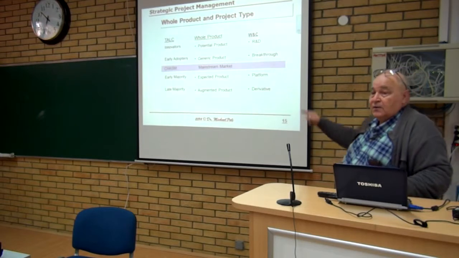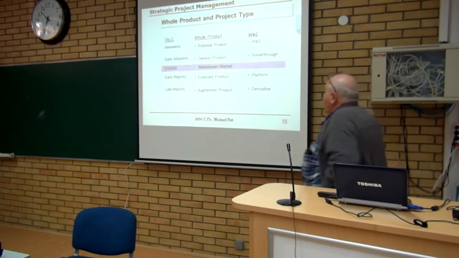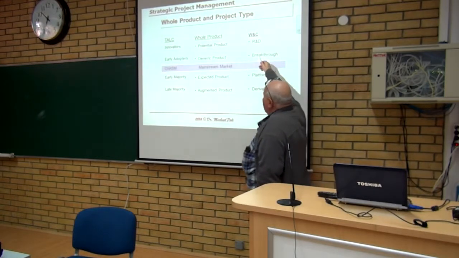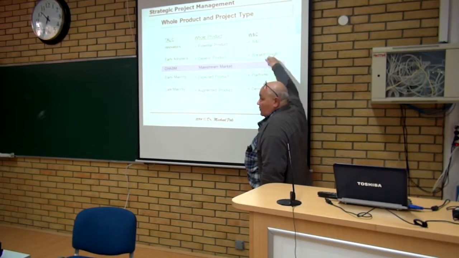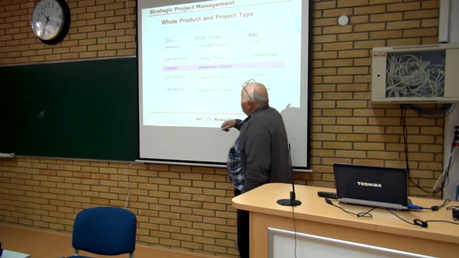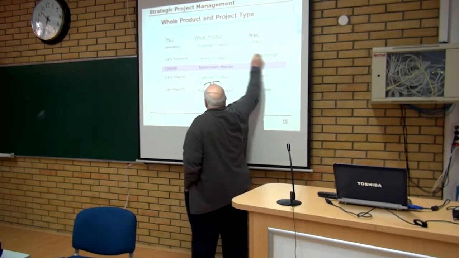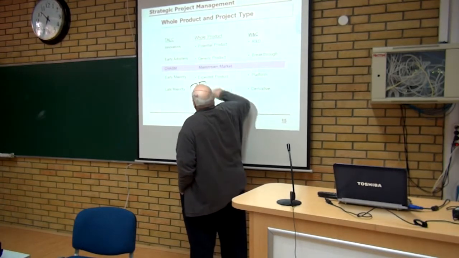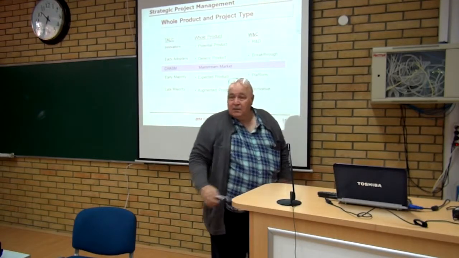So this ties three different models together. This ties the Wheelwright and Clark project portfolio ideas with the customer ideas. These were tied together before, and now this is tied in and bringing it all together.